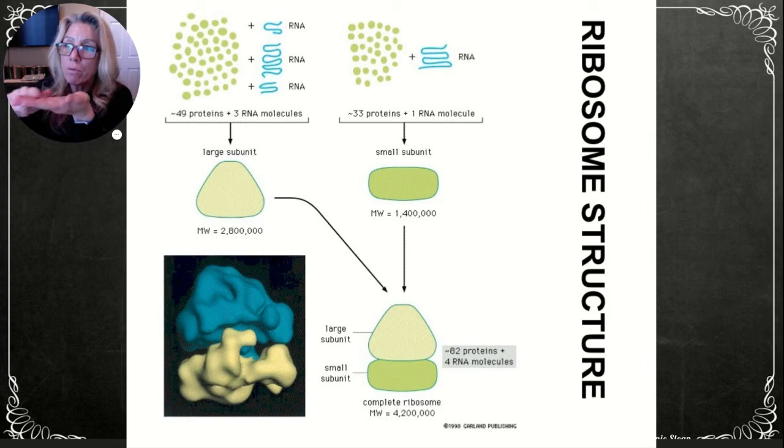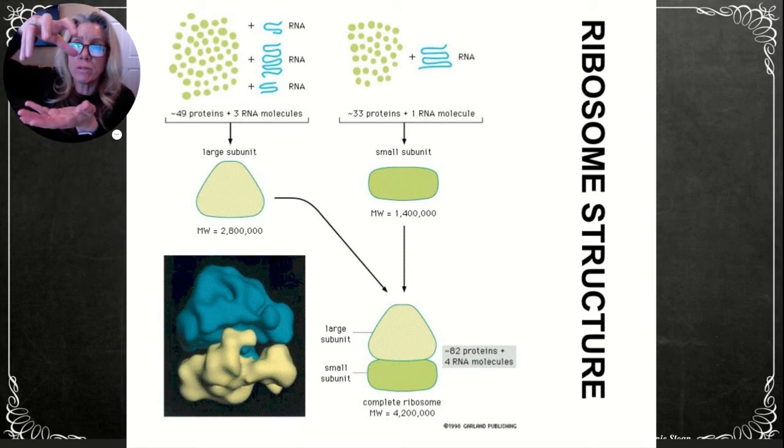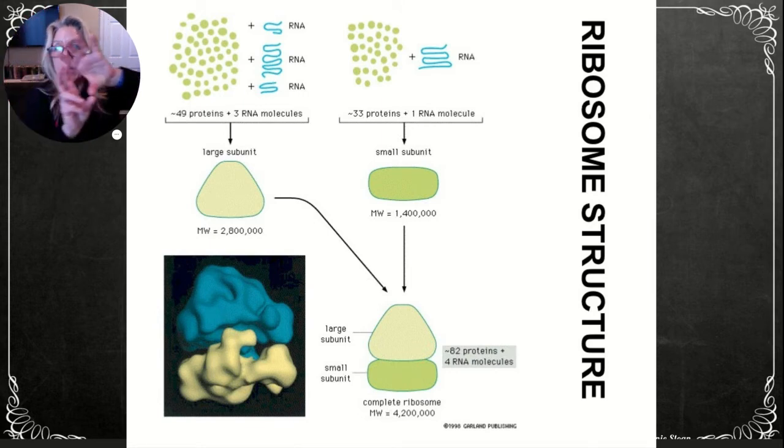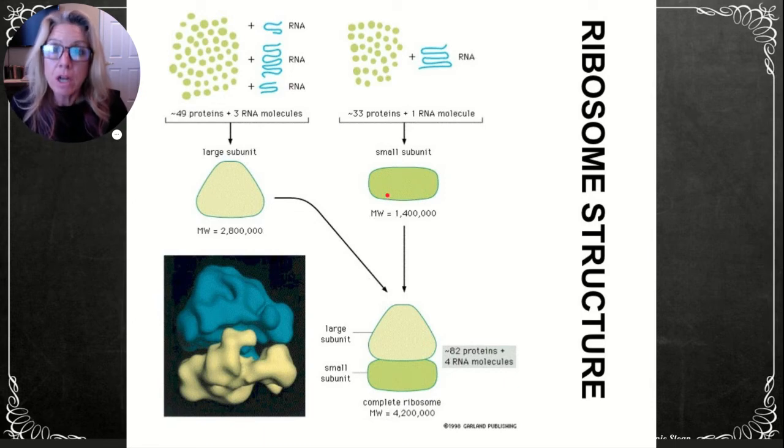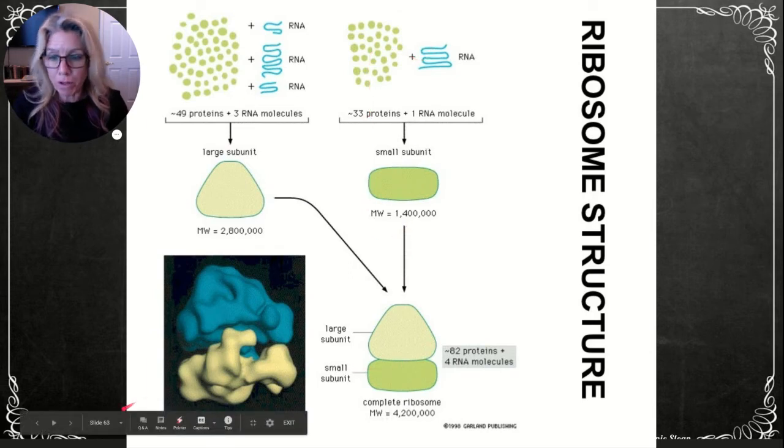So you're going to have small ribosome, mRNA, first tRNA landing on there, and then the large ribosomal unit is going to lock on, and then the light is green. The ribosome is going to read right along that mRNA, and the right tRNAs are going to land, and we're going to start putting together our protein. So that ribosome has RNAs and proteins in the large unit and an RNA and protein in the small unit.